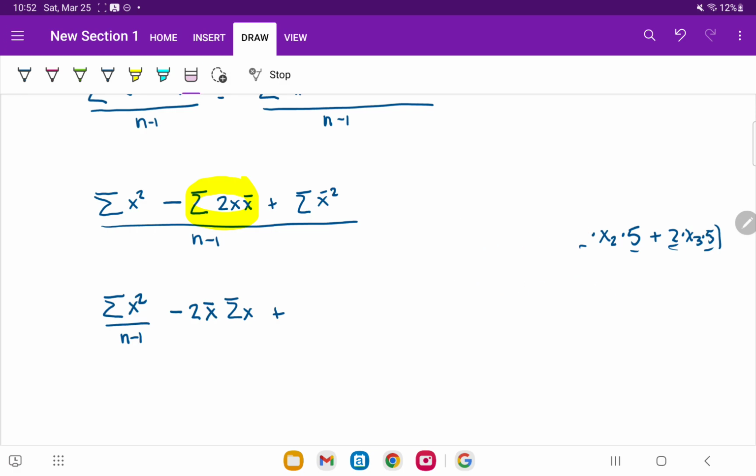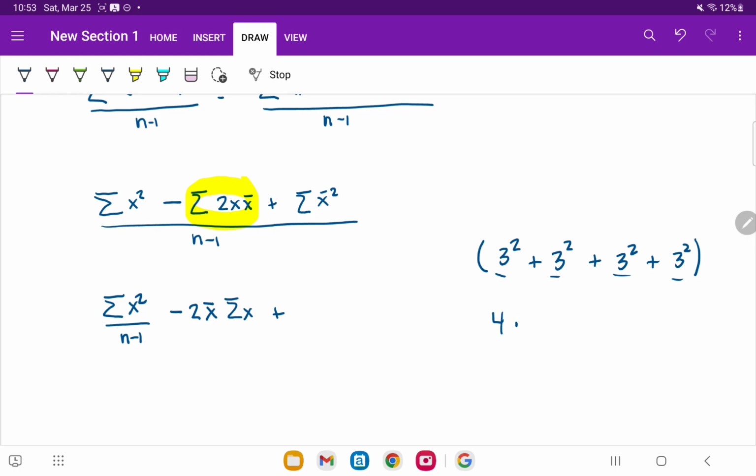The next thing I'm going to simplify is that sum of the x bar squared. That x bar squared is a constant. So for example, if you had 3 squared plus 3 squared plus 3 squared plus 3 squared, you could just count up how many of those 3 squares you have and add them. In this case, I have 1, 2, 3, 4 of them.